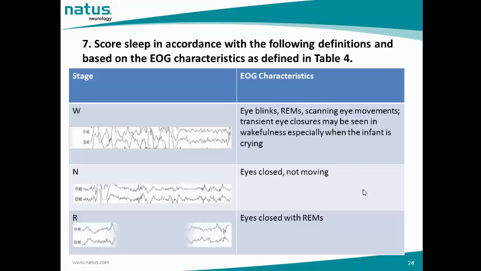In stage REM, the EEG should show closed eyes with rapid eye movements.